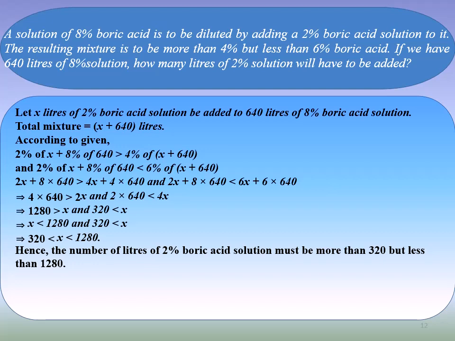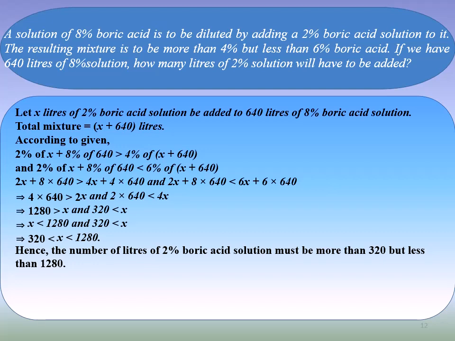A solution has 8% boric acid and it is diluted by a 2% boric acid solution, and the mixture has more than 4% but less than 6% boric acid. Now if you have 640 liters of 8% solution, how many liters of 2% solution will have to be added?